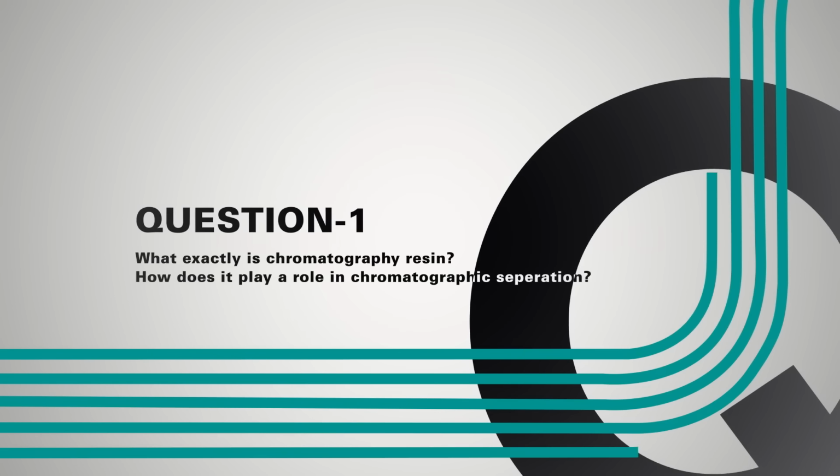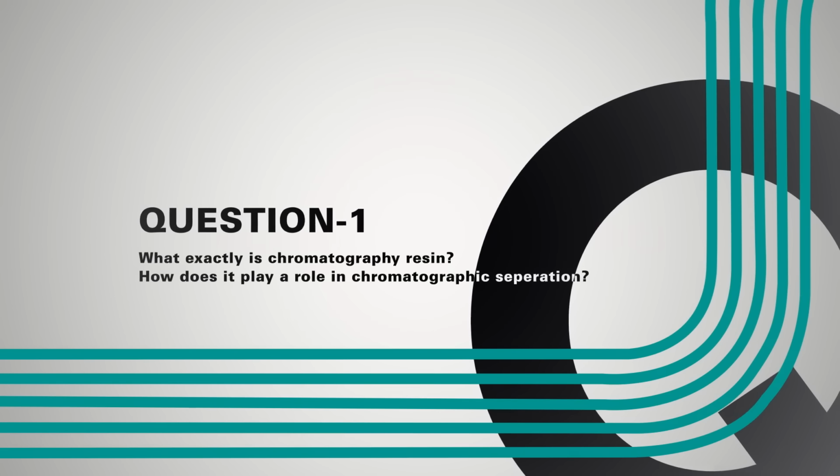All right. Sounds good. So let's start with the basics. What is chromatography resin? Yeah, so it's a good question. Many people think of it as just a matrix. Most of the time, these matrices are composed of small beads. These small beads can be composed of polymer material or agarose material.